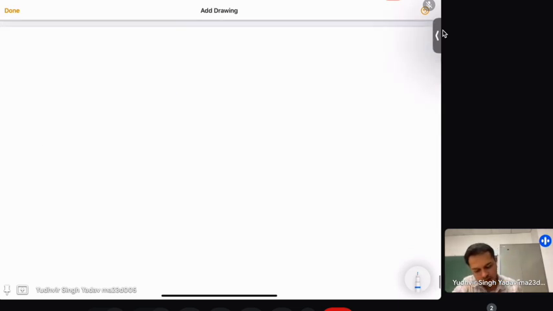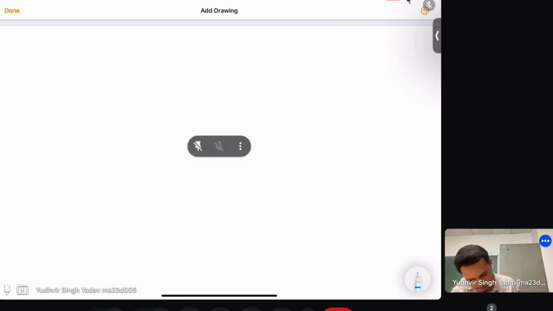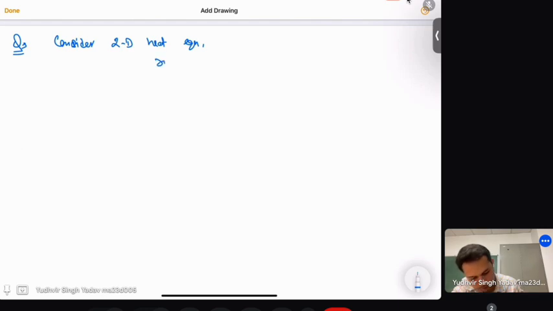Now we will discuss one more problem. So consider a heat equation, a 2D heat equation. It is del U by del T equals del 2U by del X square plus del 2U by del Y square.